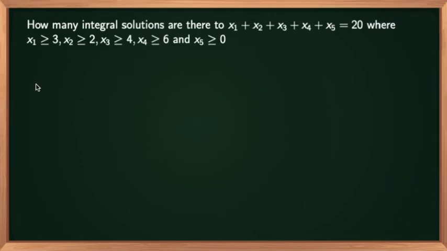How many integral solutions are there to x1 plus x2 plus x3 plus x4 plus x5 equal to 20, where the conditions are given for the 5 boxes. So here also you can initially distribute the initial given condition, that is 3 is the minimum requirement in the first box, 2 is the minimum requirement in the second box, 4 is the minimum requirement in the third box, 6 is the minimum requirement in the fourth box, and you need not put any balls in the fifth box.